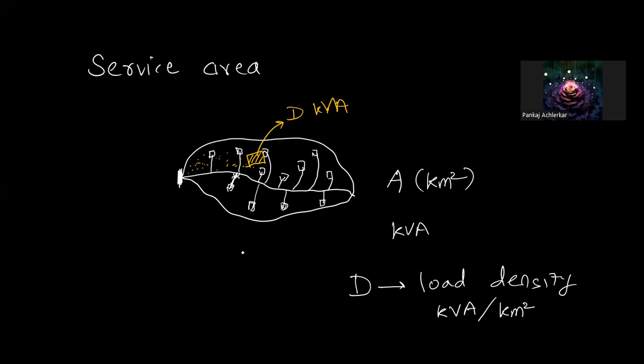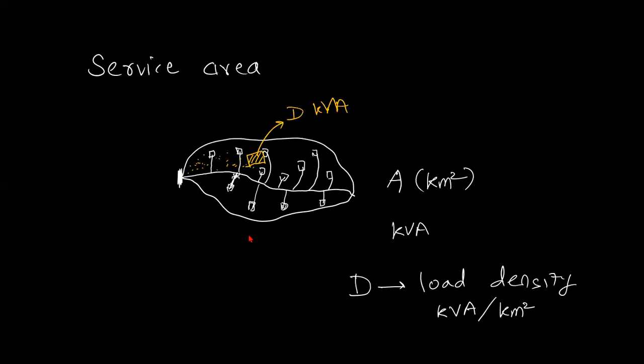So typically for distribution system planning, there are several constraints and several factors, but the major factor that we bother about is the voltage drop experienced by the remotest customer, which is located far away from the substation towards the end of the feeder.